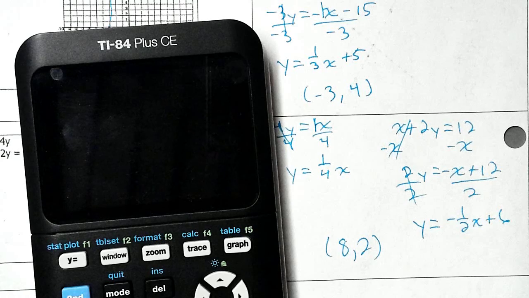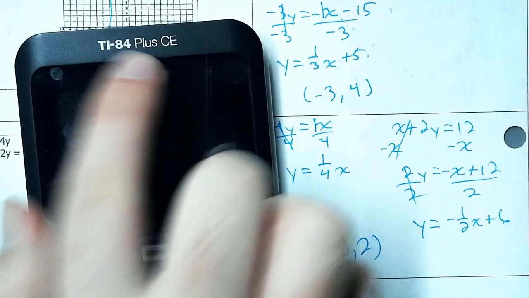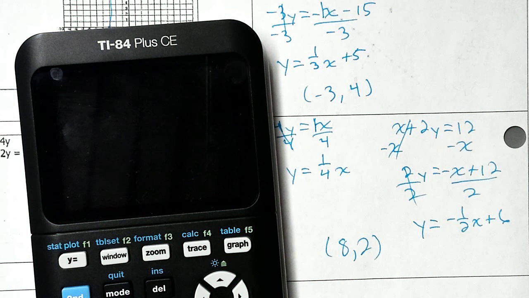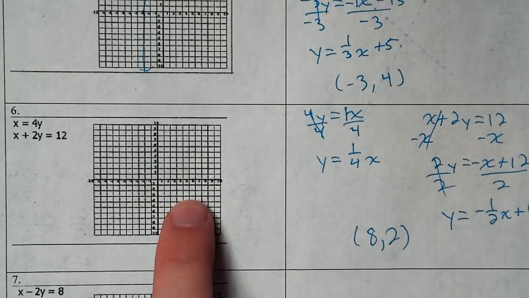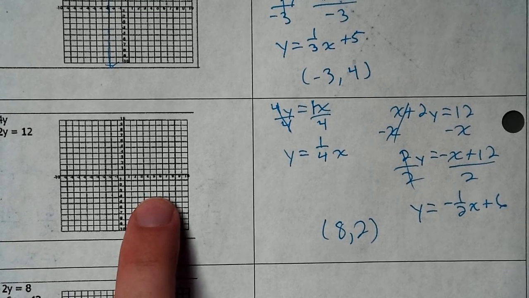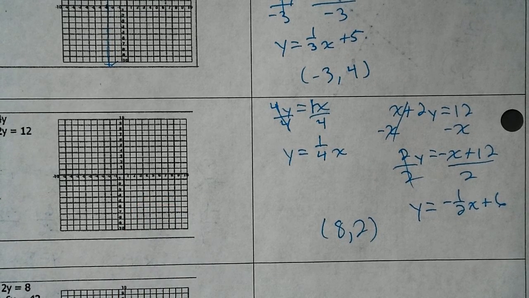I was unable to find it, but if you look up the TI-84 Plus online, especially on TI's website, you may be able to get an app that has this calculator so you can use it at home. I'll check with the IT department and see if they have this, but if you don't have one of these at home, then you can graph or you can use substitution or elimination. The activity today is just explain the activity on the next video, okay?